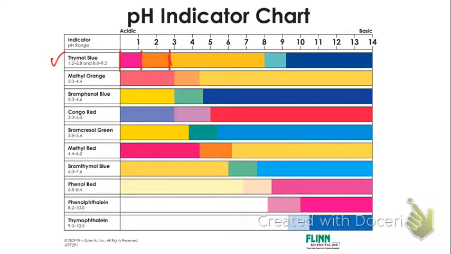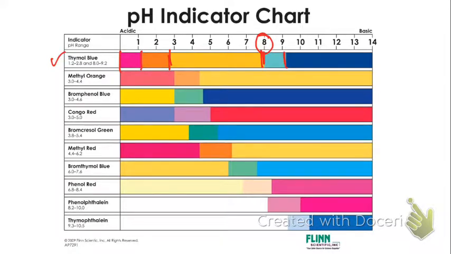But from a pH of about 3 to a pH of 8, it will have a yellow-orange color associated with it. And then once it turns to a pH of 8, the solution will change color to a light blue until about a pH of 9, and then it will remain dark blue all the way to a pH of 14.